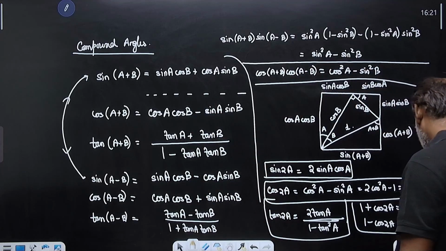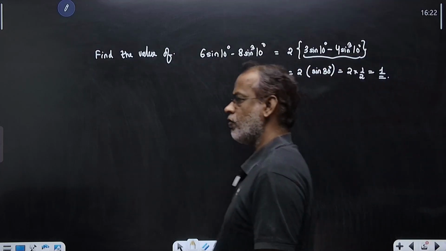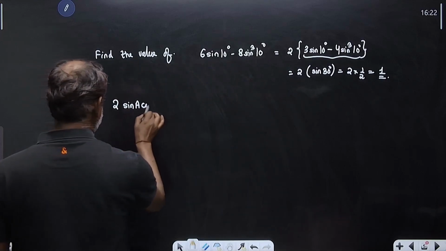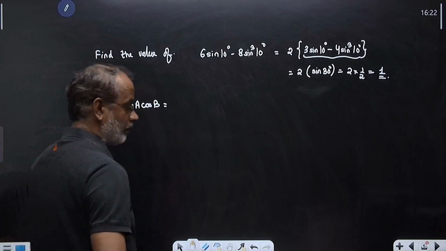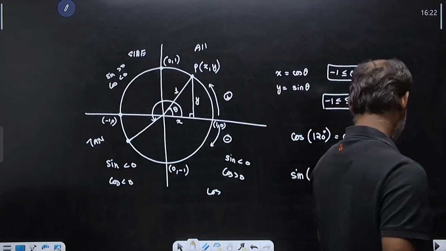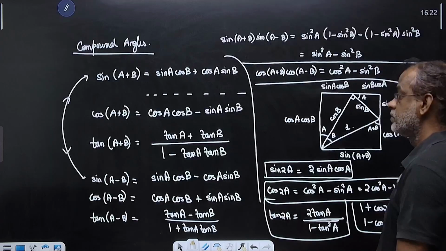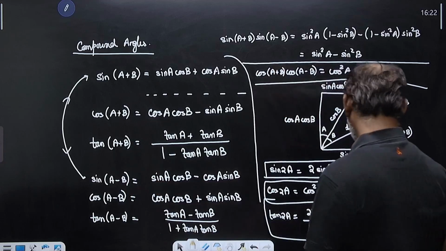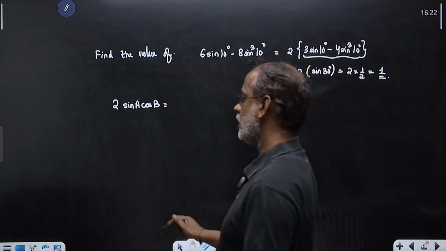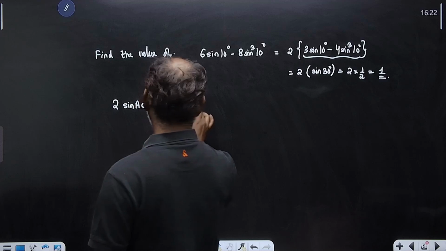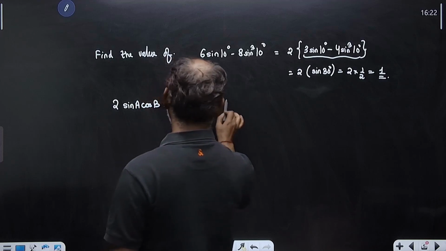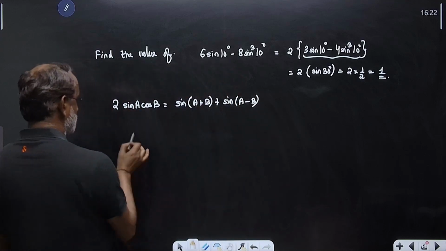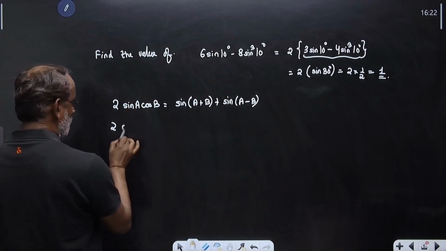So, some more formulas. How are we getting it? Adding sin A plus B and sin A minus B, 2 sin A cos B, sin A plus B plus sin A minus B. So, changing product to sum. Two cos A sin B.